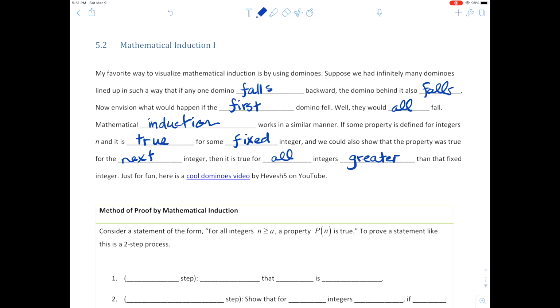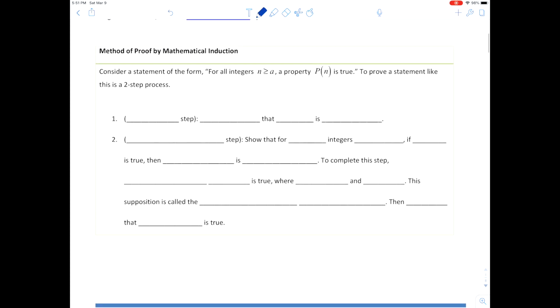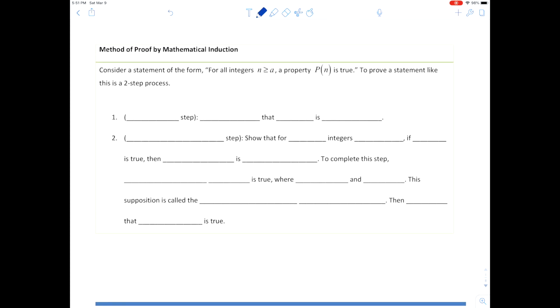All right, so the method of proof by mathematical induction, there's actually a principle as well, but it pretty much repeated this, so I only put this in the notes. Consider a statement of the form: for all integers n greater than or equal to a, some property P of n is true. To prove a statement like this is a two-step process.